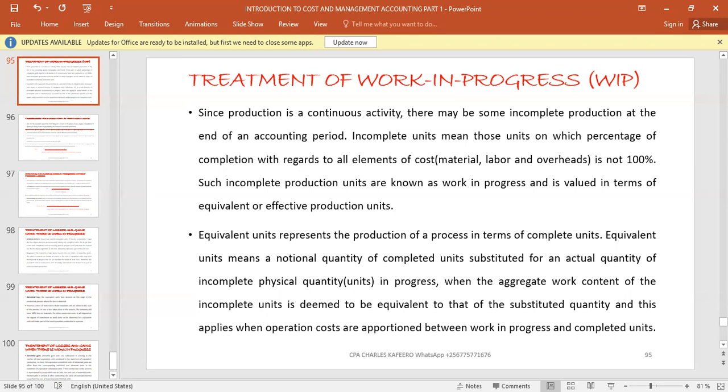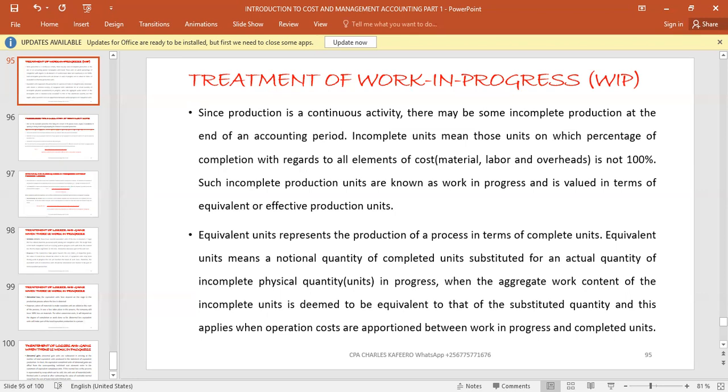So we have to understand that there is work in progress. Those are the unfinished raw materials or the unfinished goods within the production process, but they are at a different level of completion.